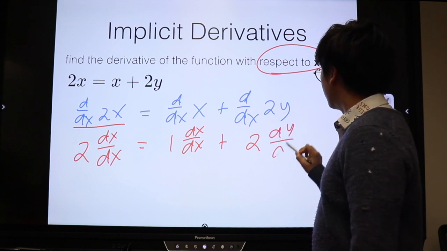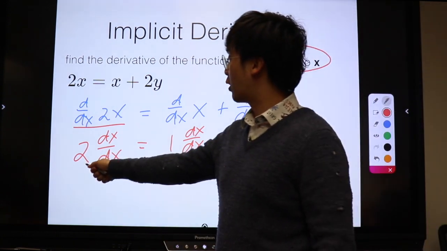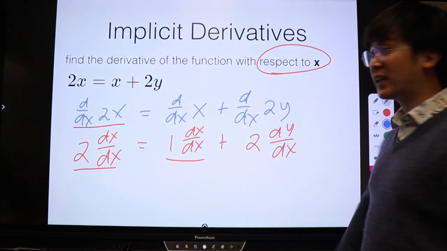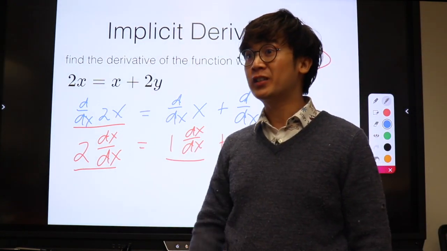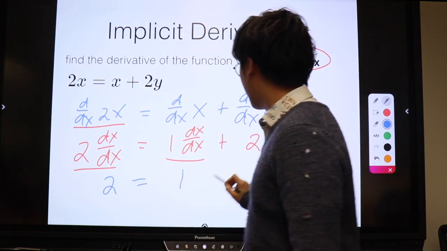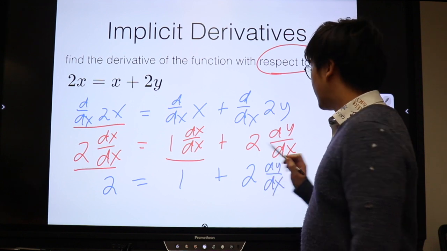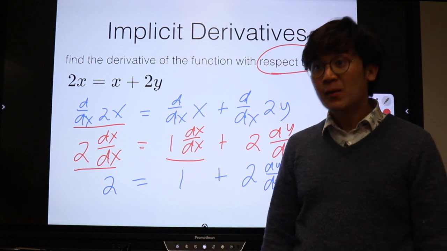dy over dx. And in this case, notice that dx over dx is simply equal to 1 mathematically because they have the same numerator and denominator. So we'll just write it out as 2 = 1 + 2 dy/dx, and the dy/dx will stay because we can no longer simplify it.